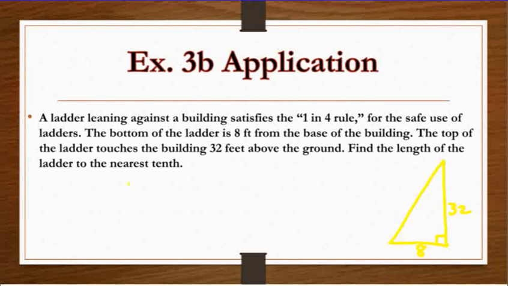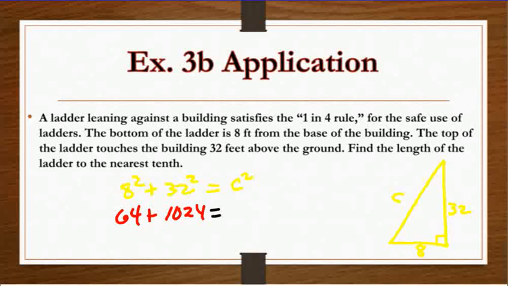So now we take our 8 squared plus our 32 squared. That will have to equal our c squared. So we got 64 plus 32 squared, which is 1024. That has to equal our c squared. So 64 plus 1024 gives us 1088.